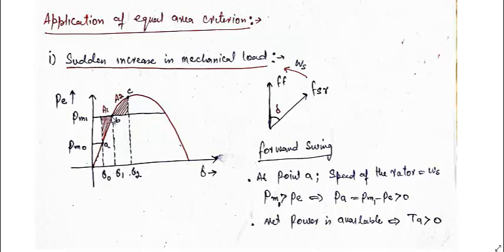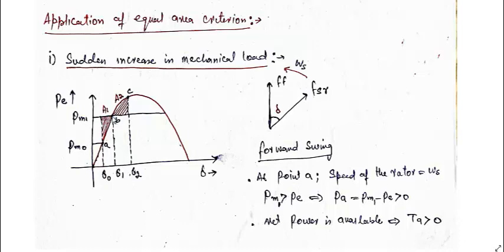Let us say at point B, it increases further until Pm1 is equal to PE at this point. From here to here, there is an accelerating power available at the rotor, so the rotor will accelerate beyond 1500 rpm. It is an example. So let us say at this point the rotor has accelerated and the speed has increased to 1510 rpm, and the acceleration at point B has ceased.